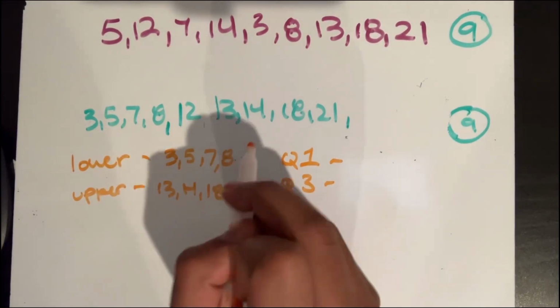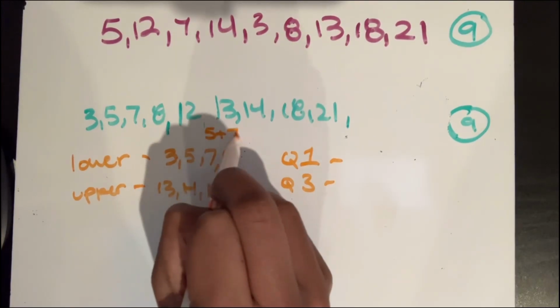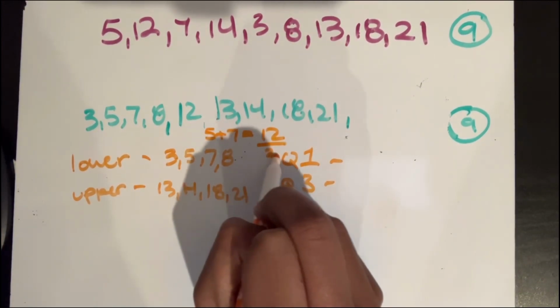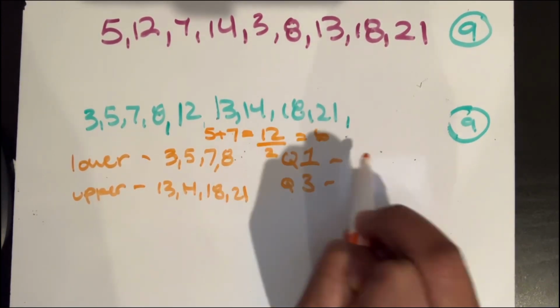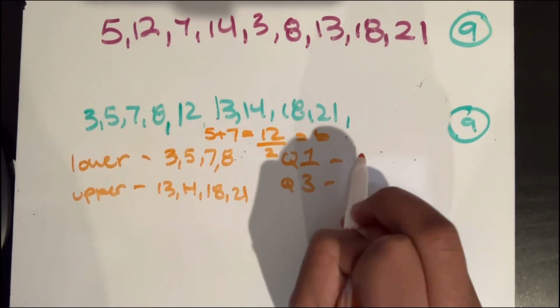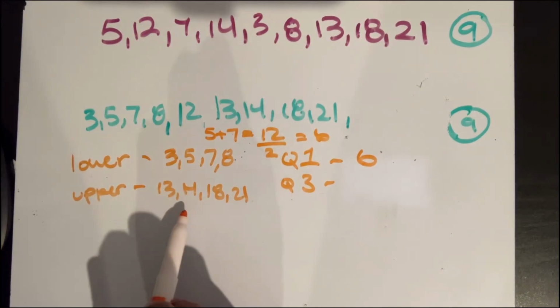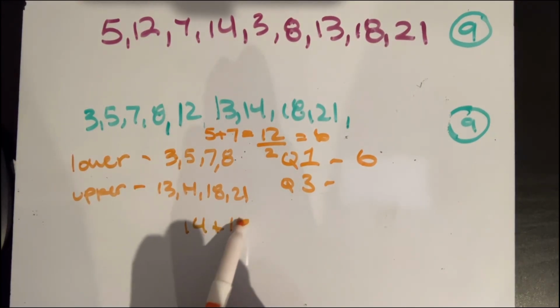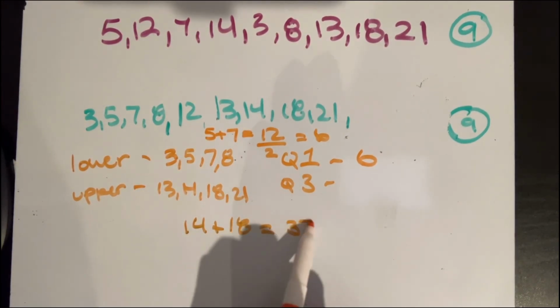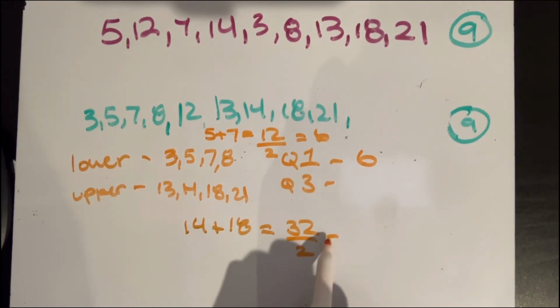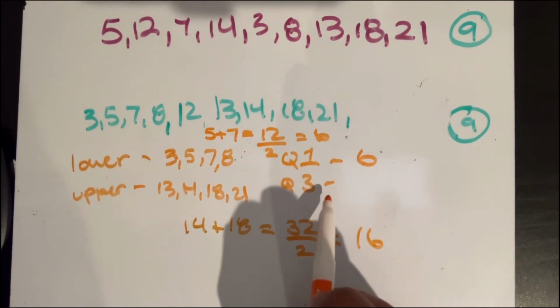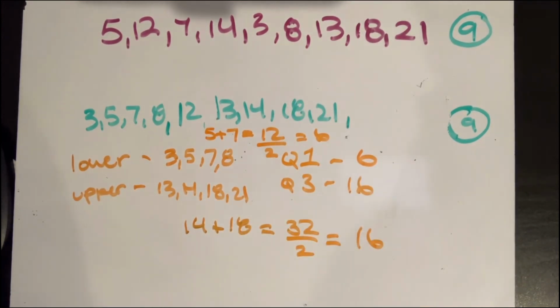So first add them up. 5 plus 7 equals 12, divided by 2 because we have 2 numbers, equals 6. So our quartile 1 is 6, median of the lower half. And 14 plus 18 equals 32, divided by 2 equals 16. So our quartile 3 is 16.